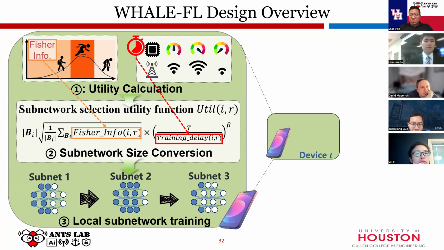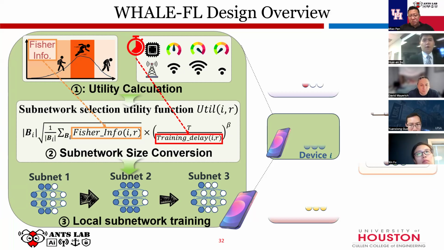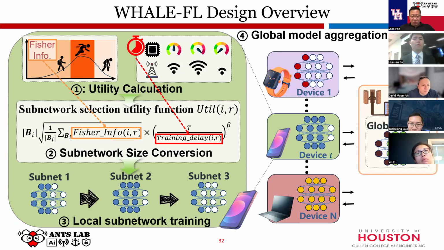With the converted subnetwork size, devices can perform the local subnetwork training. As the fourth part, we perform the global model aggregation, where the server collects the subnetworks from all the devices, performs the aggregation, and generates a new global model.